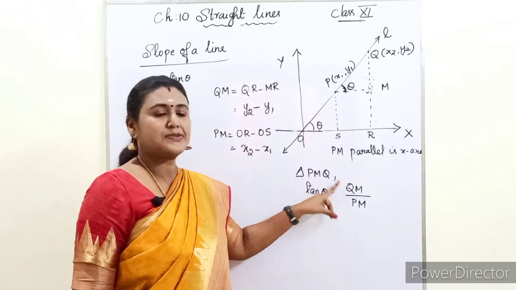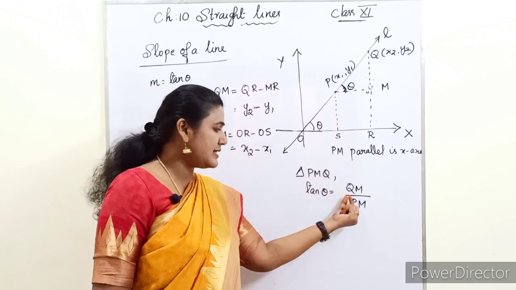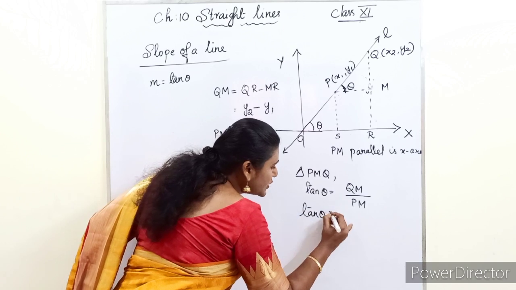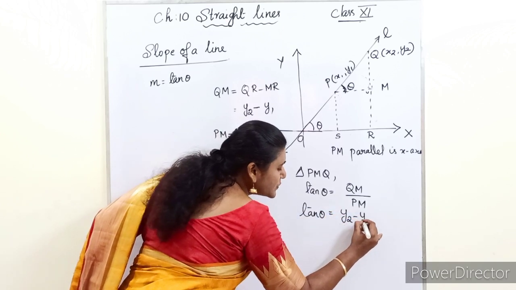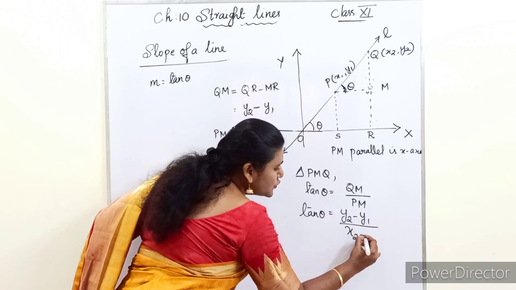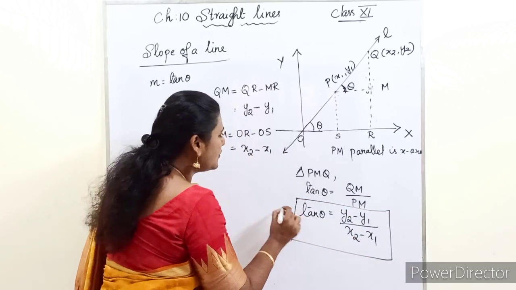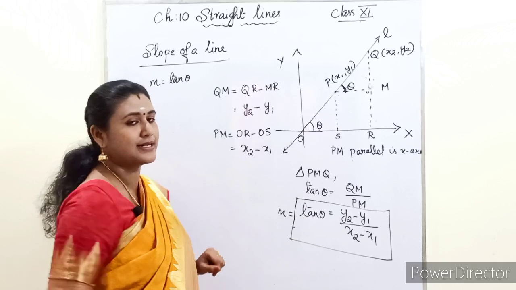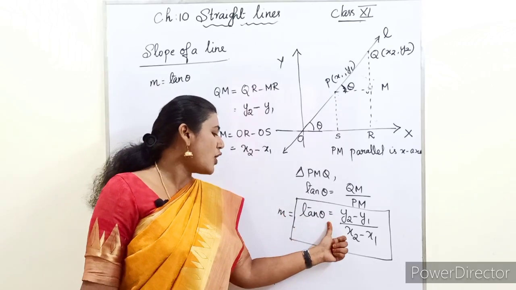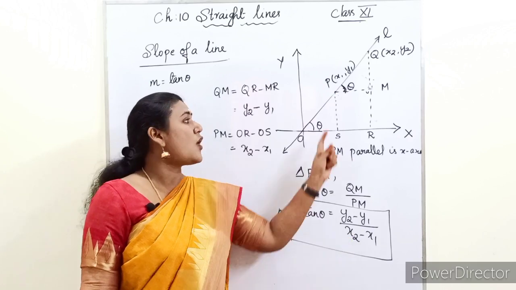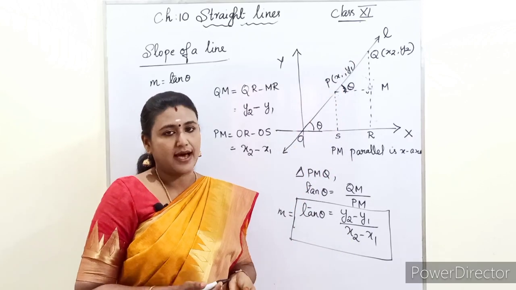Now we are going to substitute these values in this equation. So we'll get tan theta is equal to Y2 minus Y1 by X2 minus X1. So this is the formula for finding the slope, you know that tan theta is nothing but the slope. So this is the formula for finding the slope of a line if the coordinates of 2 points are given.